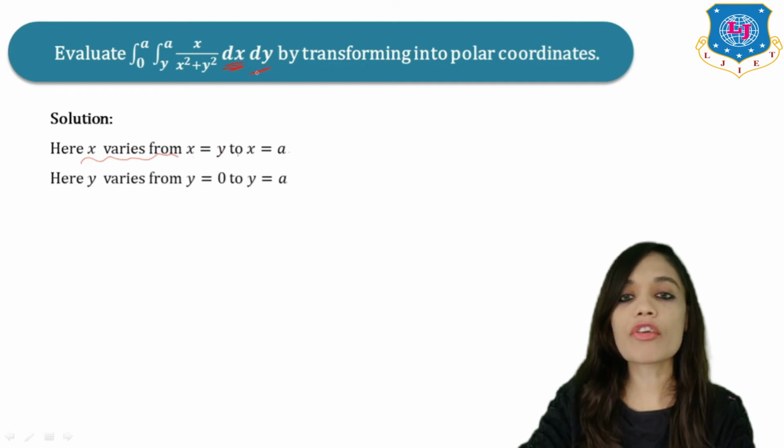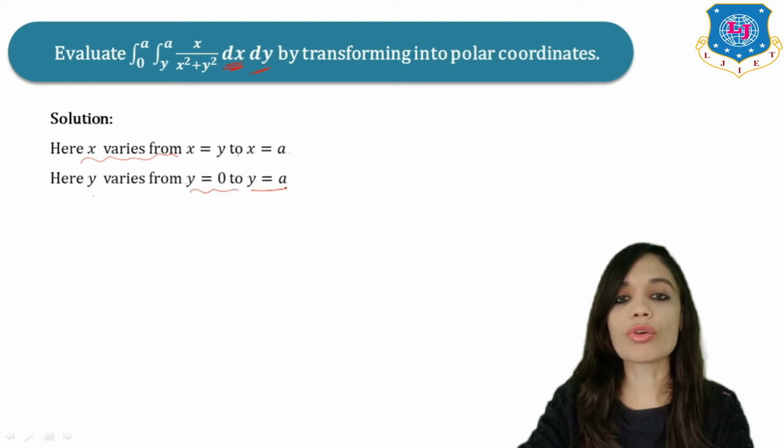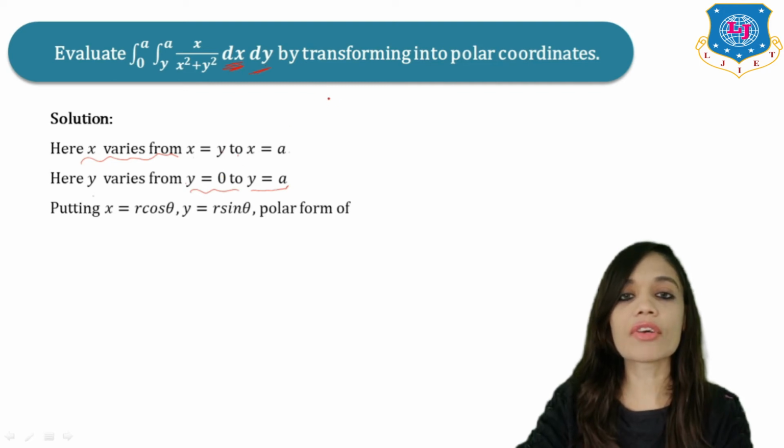Now, our limits of y are 0 to a. So our y varies from y equals 0 to y equals a. Now, let us take our assumptions, that is x equals r cos theta, y equals r sin theta, to convert it into polar form. So now let us find the limits.